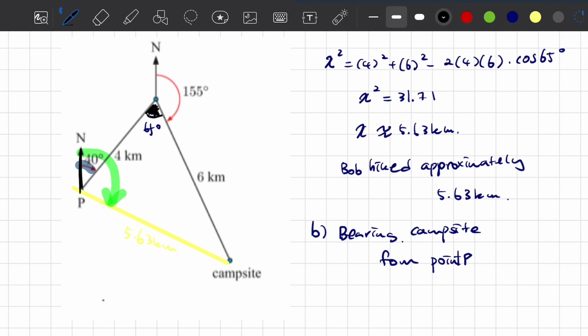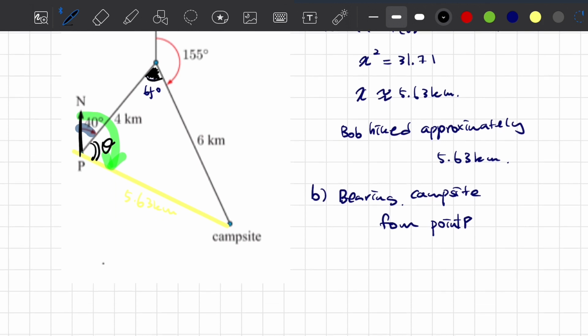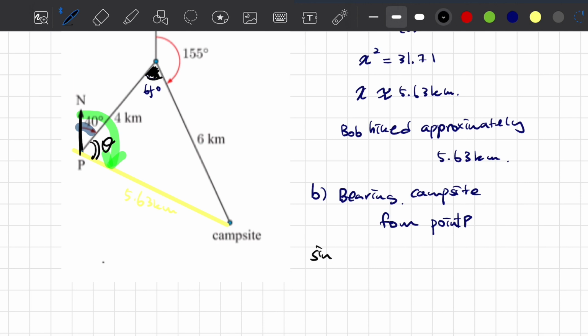So we just have to calculate this unknown angle theta to find the bearing of the campsite from point P. To calculate theta, we use the sine rule: sine 65 over 5.63 equals sine of angle P, or angle theta, over 6.